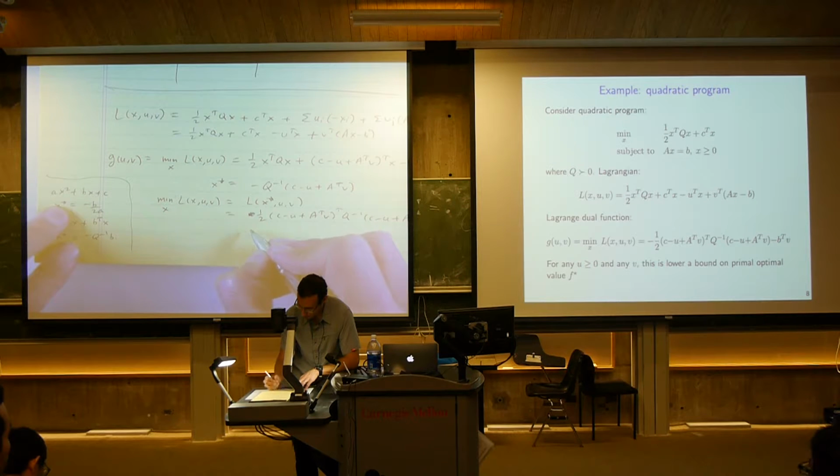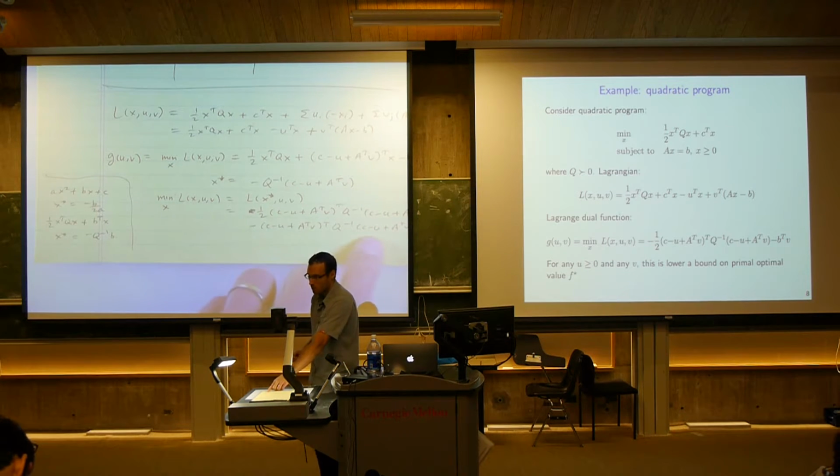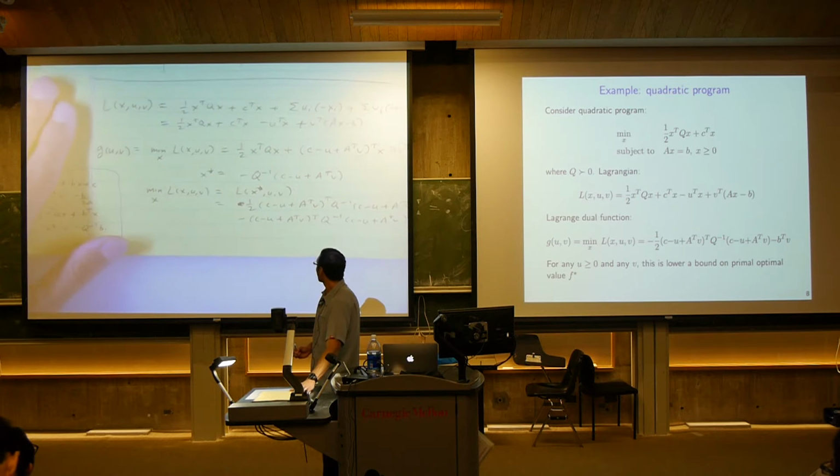And for the linear term, I should have minus (c minus u plus A transpose v) transpose times my solution, which is minus Q inverse times (c minus u plus A transpose v). Sorry, I put it off the page.